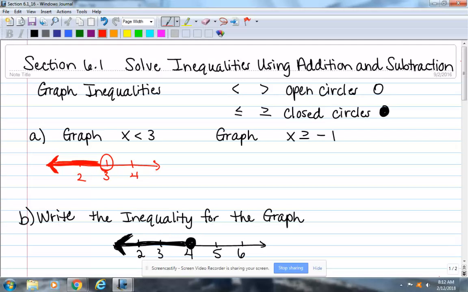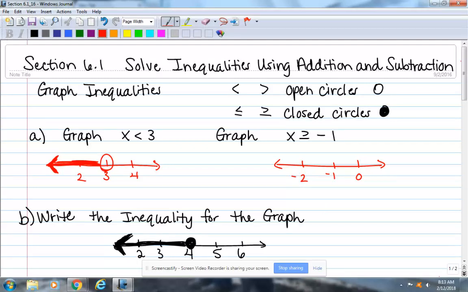So let's do the same thing for x is greater than or equal to -1. Draw yourself a little number line. Remember, negative numbers go backwards, right? The further left a number is, the lower it is. Remember, negatives go backwards. So -1 is our boundary number.